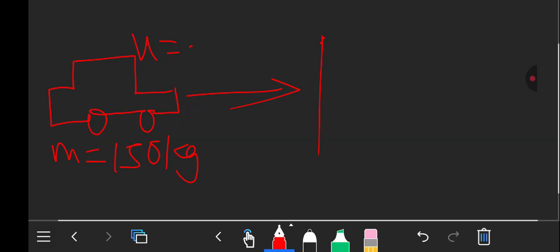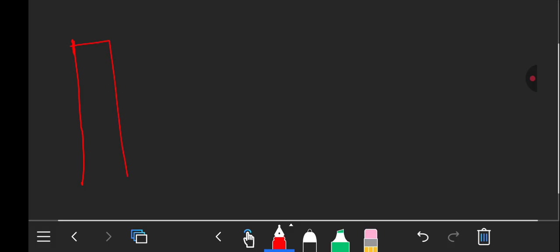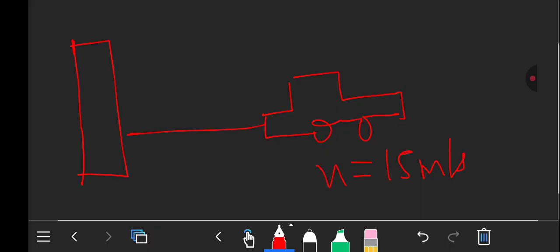After striking a wall, in fact, let me write it in this format. So the wall is this side. This is a wall. Then this car is moving with the initial velocity of 15 meters per second in this direction.